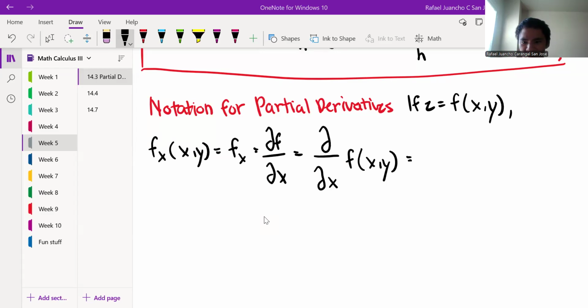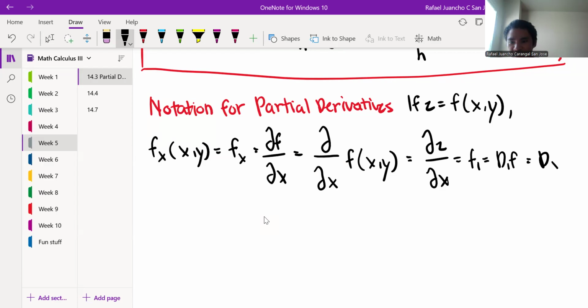Another way is the derivative of z, and this is in terms of x. Another way is f sub 1. Another way is D1 or D sub 1 f. Another way is D sub x f. So again, it really depends on what we're trying to go for here.